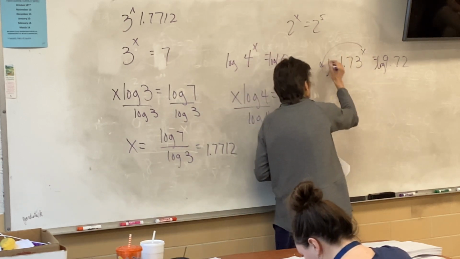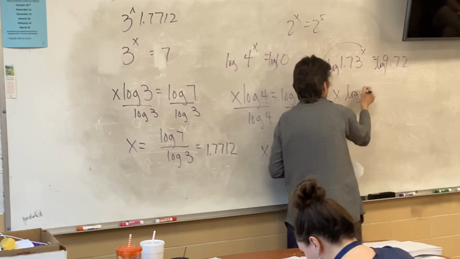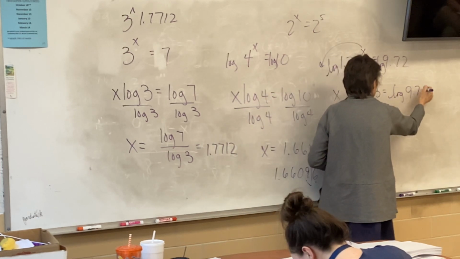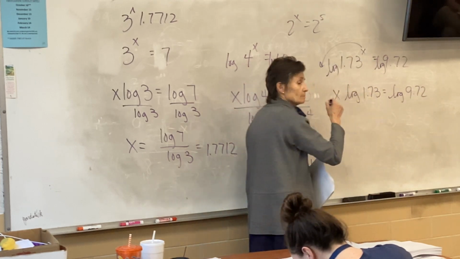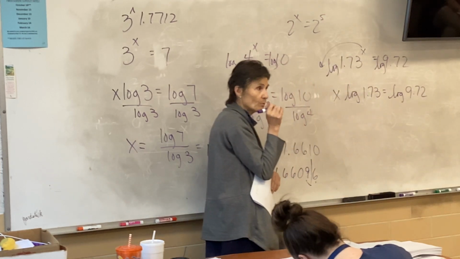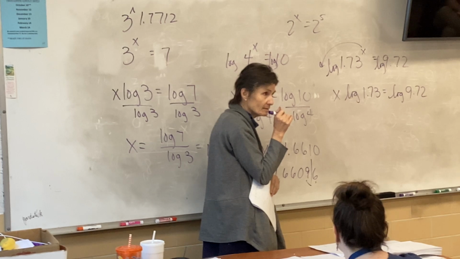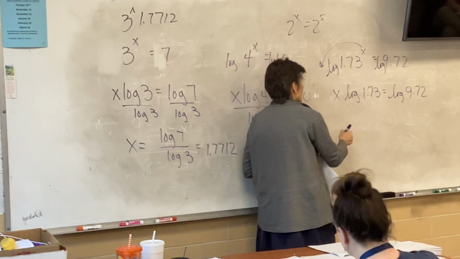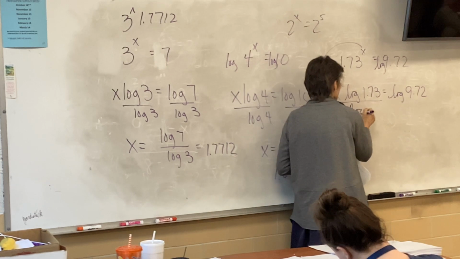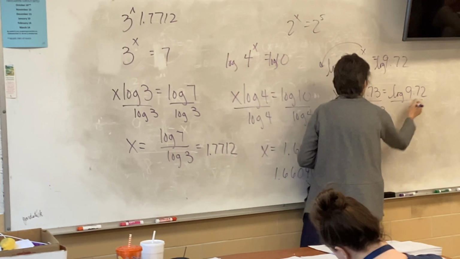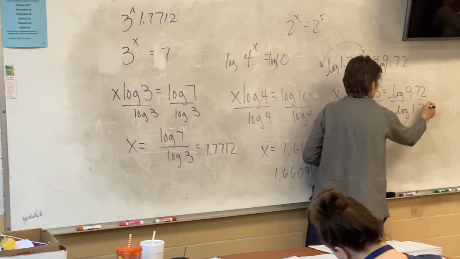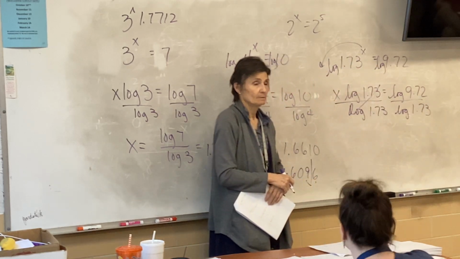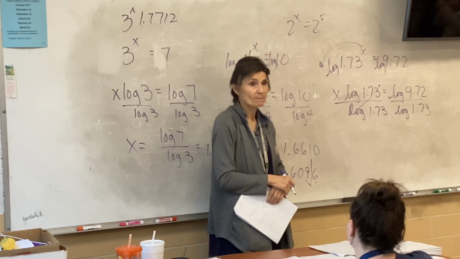So the exponent comes out, so x log 1.73 equals log 9.72. And then what are we dividing by? The one that's hooked to the x, right? You're dividing by this one because you're trying to get x by itself. Look at that, guys. We don't want to make a dumb mistake.